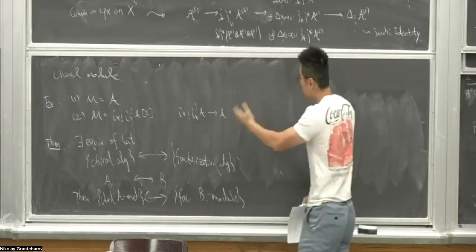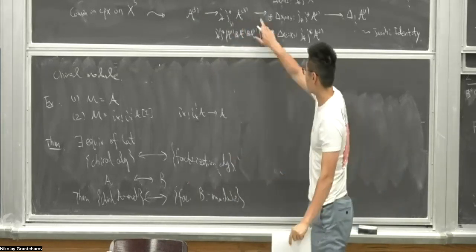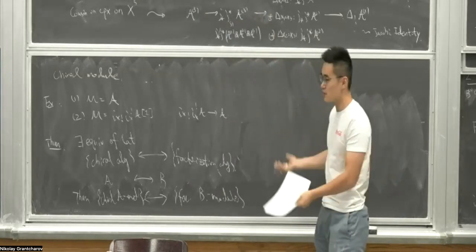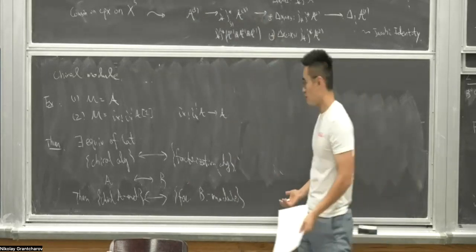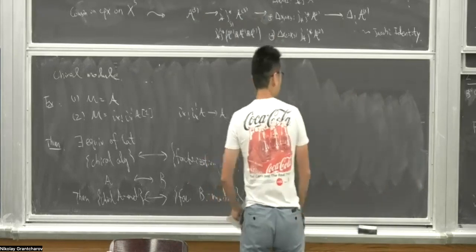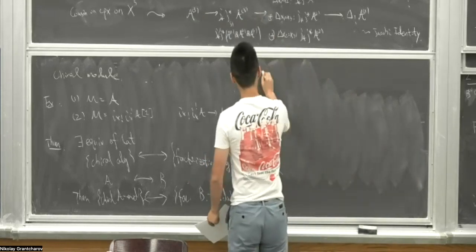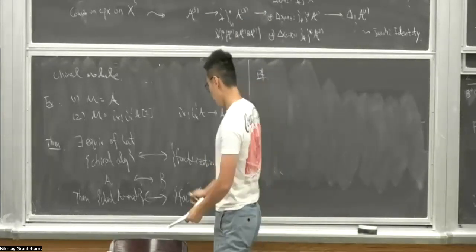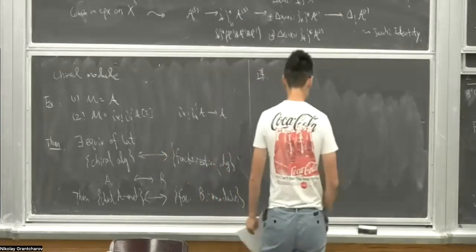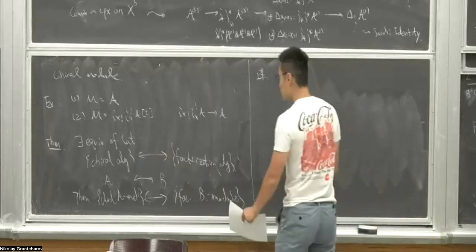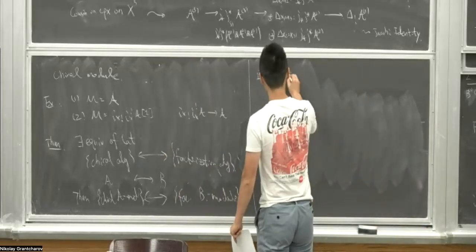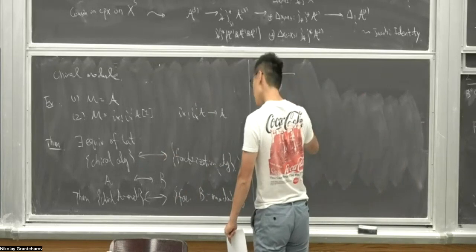But if you start with the chiral algebra, then this map should be interpreted as already solved for chiral. So I'll only prove this: algebra versus algebra, and one direction is already this map.